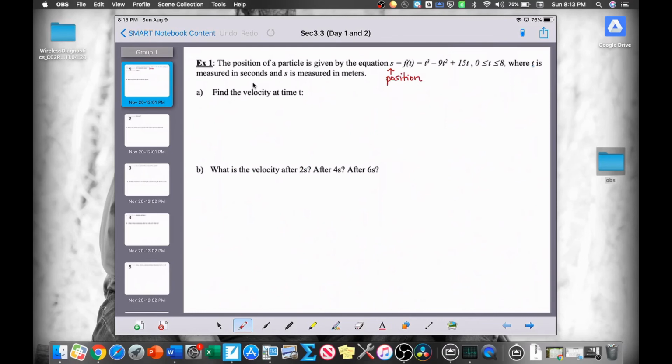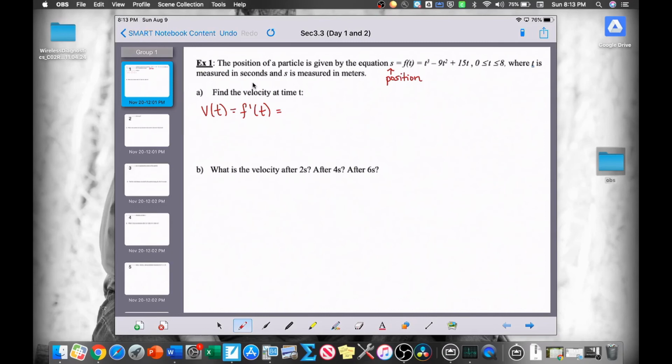All right, so part A asks us to find the velocity at time t. Well, we know from our previous work that velocity is the first derivative of position. So v of t is going to be equal to f prime of t. We used to have to do the difference quotient to find this derivative, but now that we know the power rule for polynomials, finding the function for velocity is just a walk in the park.